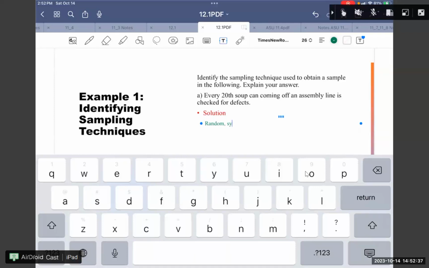Statistic. Symmetric. Cluster. Stratify.